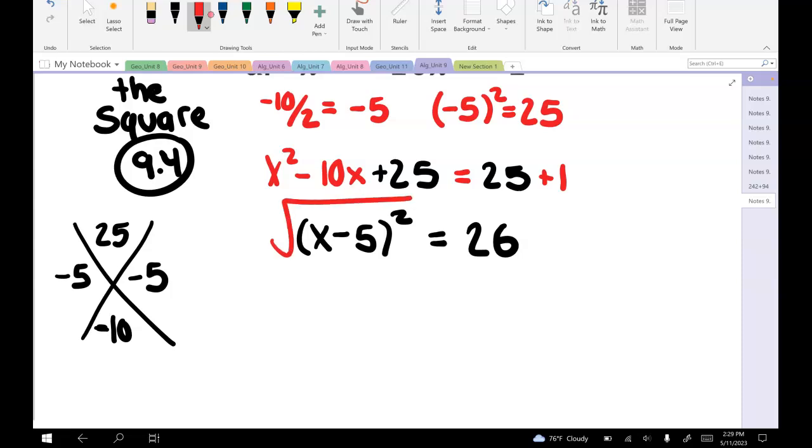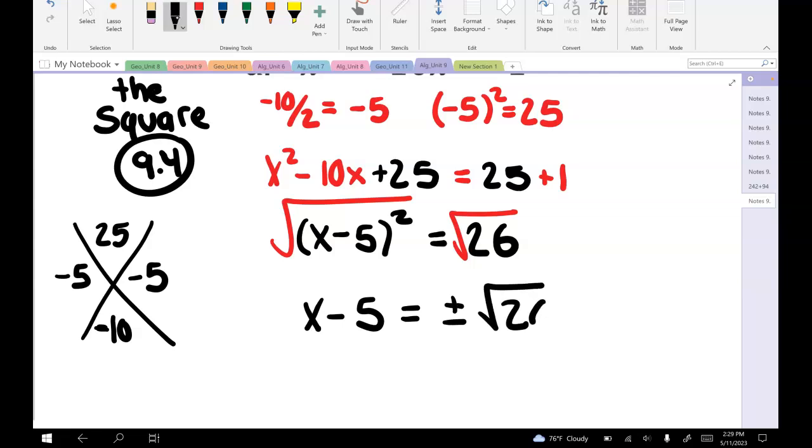So this will be x minus 5 is equal to plus or minus the square root of 26. Why do I leave it as the square root of 26? If you look on your factor sheet, the only factors of 26 are 1 and 26, and 2 and 13. None of those are perfect squares that we can evenly divide 26 by, so we leave it as a square root.